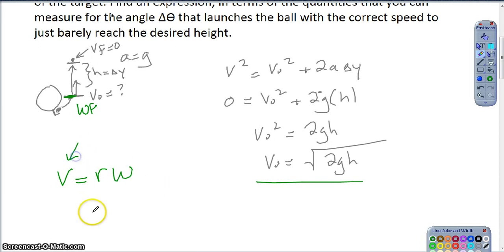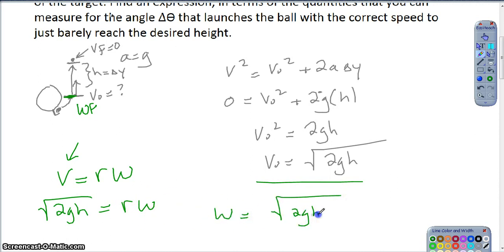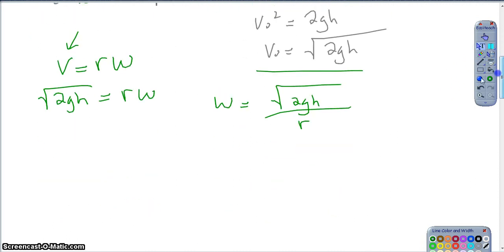So I know the linear velocity at that point needs to be the square root of 2gh, so my angular velocity is going to have to be the square root of 2gh divided by r. Even though it looks like a bit of a mess, I've at least got a representation for what my final angular velocity needs to be.